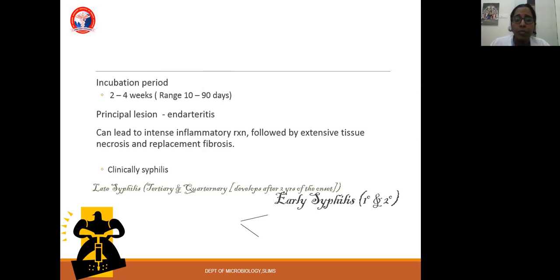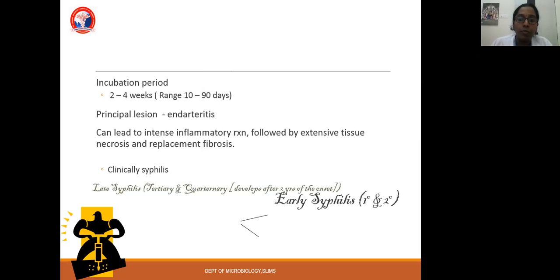The infection is spread only through the skin, that is through any abrasions, and it can occur in the genital areas or areas where the skin is exposed, either in the hand, in the lips, or in the nipples. These are the areas where you can get the lesions. Then in secondary syphilis, these lesions will heal.